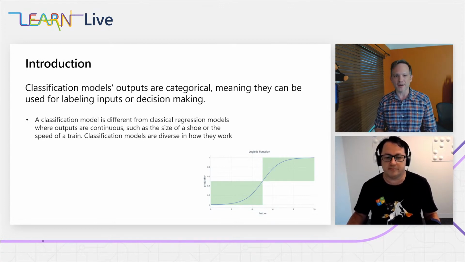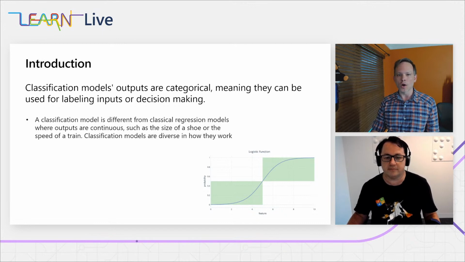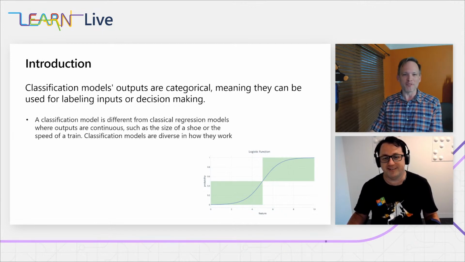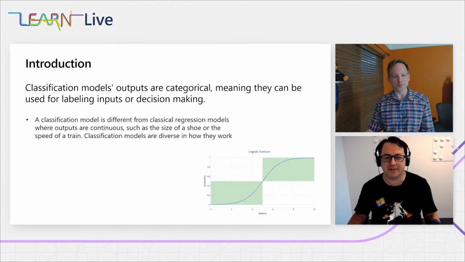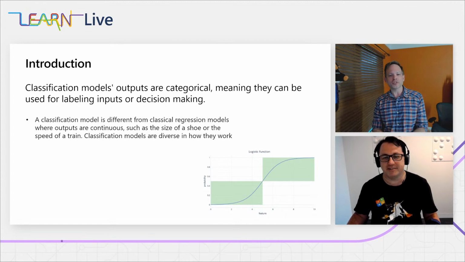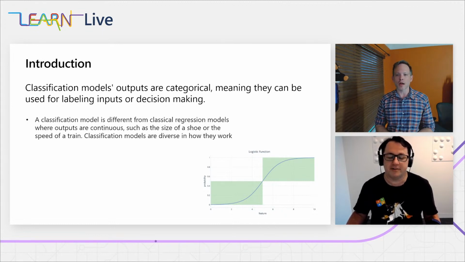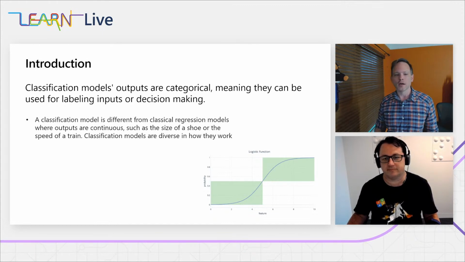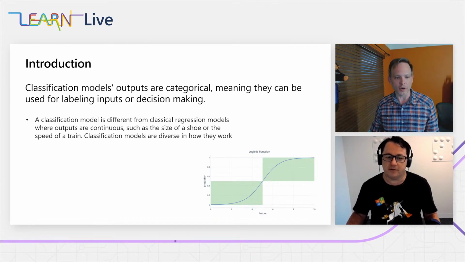We might have categories like vehicle or airplane. I suppose an airplane might be a vehicle. Let's say automobile or plane, you know what I'm getting at. So categories like that versus our standard regression models, which are trying to find continuously variable values such as height, weight, things like that, that you might have a continuous variation on rather than a fixed bucket like a category.